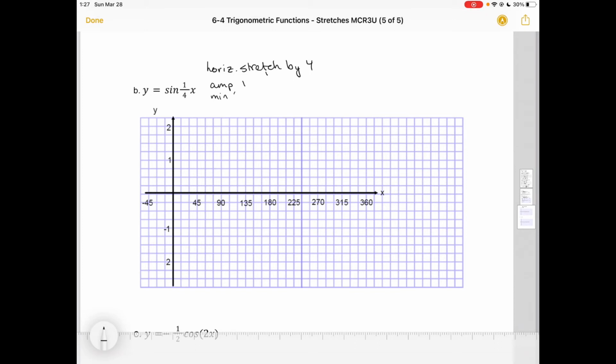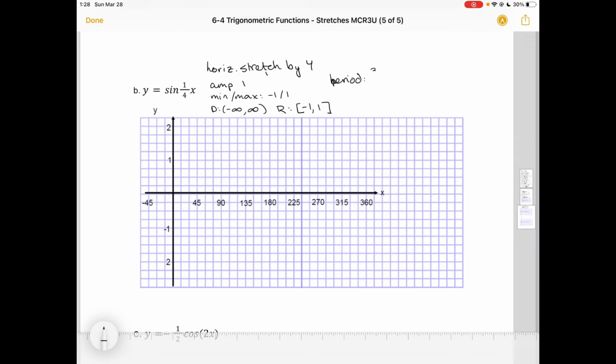My minimum and my maximum value are still the same, -1 and 1. My domain is the same. My range is the same. But my period is changed.